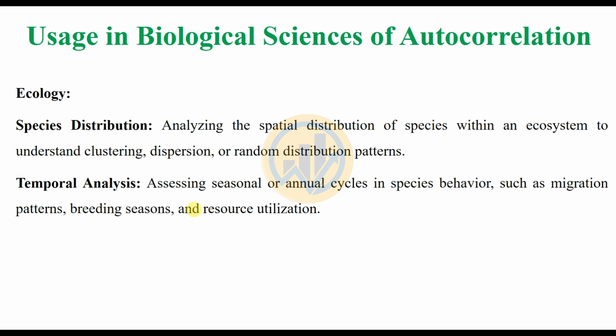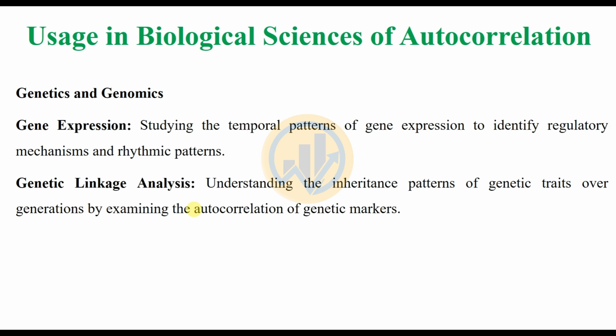The next one is genetics and genomics. Gene expression: studying the temporal patterns of gene expression to identify regulatory mechanisms and rhythmic patterns. Genetic linkage analysis: understanding the inheritance patterns of genetic traits over generations by examining the autocorrelation of genetic markers.